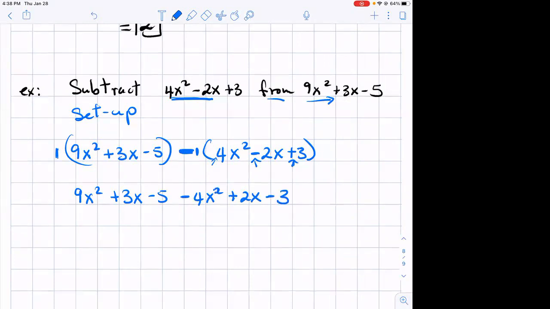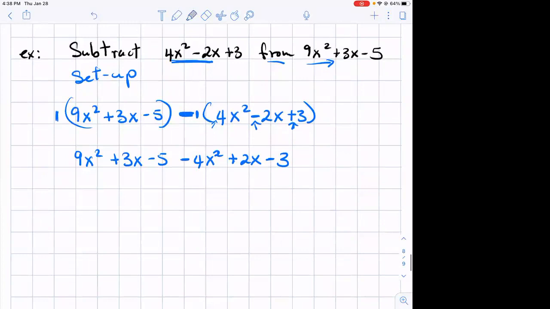Okay? And now we combine like terms. So the x squared term with the x squared term: 9 minus 4 gives me 5x squared. And then we go down the line again. We have a positive 3x combined with the x term, so a positive 3 and a positive 2 becomes a positive 5x.